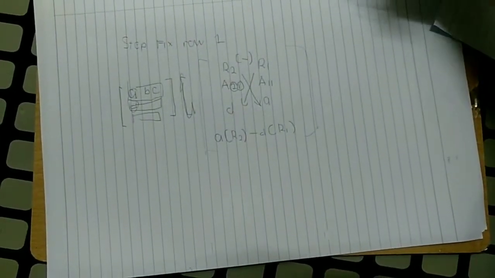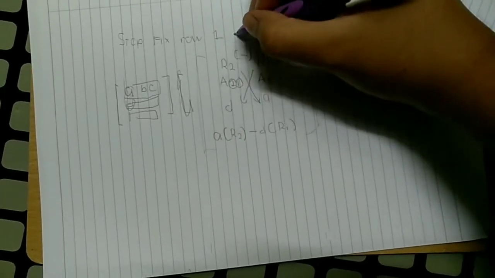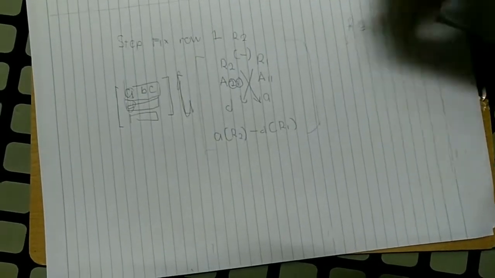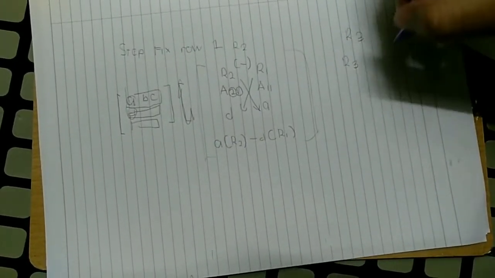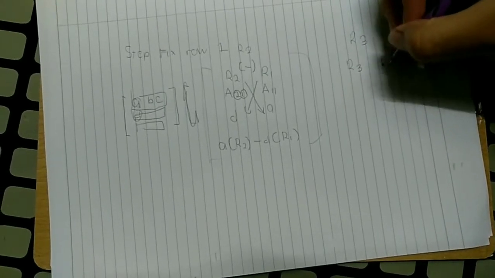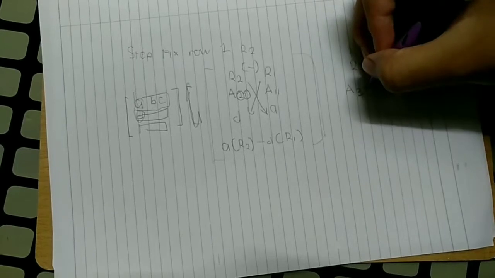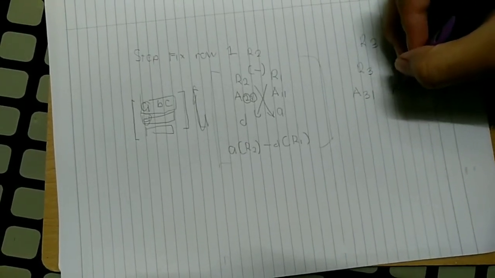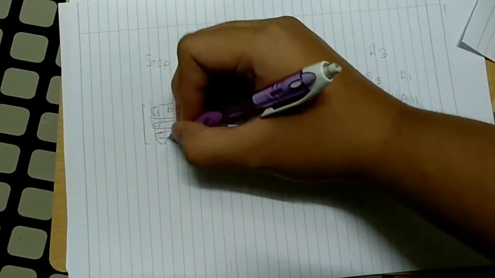So that is what you get for row 2, and also we can change row 3. Row 3 goes almost the same, but this time we're going to change R3 and R1, and we're going to choose an element from row 3, column 1, and row 1, column 1 stays the same. So let's put C over here.